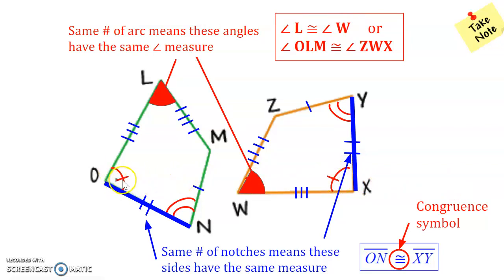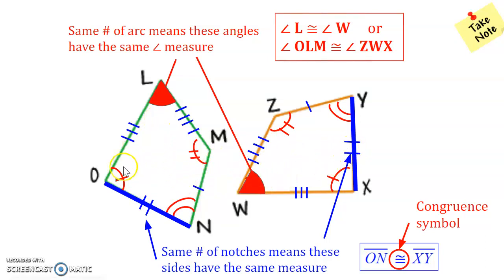Okay, so then this angle O matches with angle X. So now we know that angle O is congruent to angle X, and we can do two notches with the arc symbol here, and to say that angle M is congruent to angle Z. So it's again the number of arcs, or arc with the number of notches. When they match, you know that we're really talking about the same measure or that they are congruent.